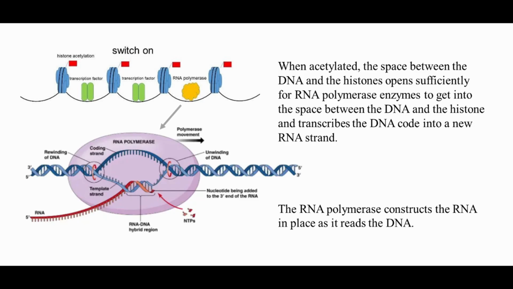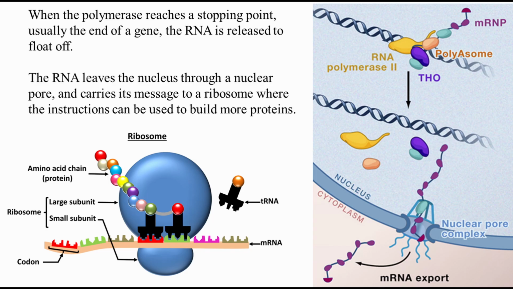The RNA polymerase constructs the RNA in place as it reads the DNA. When the polymerase reaches a stopping point, usually the end of a gene, the RNA is released to float off. The RNA leaves the nucleus through a nuclear pore and carries its message to a ribosome, where the instructions can be used to build more proteins.